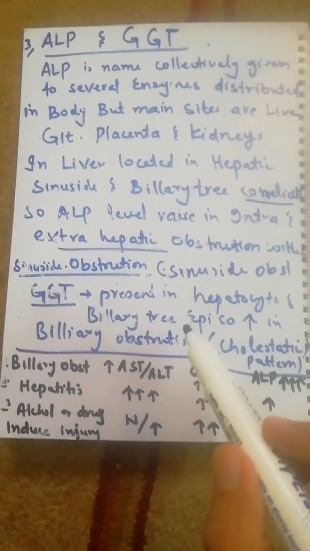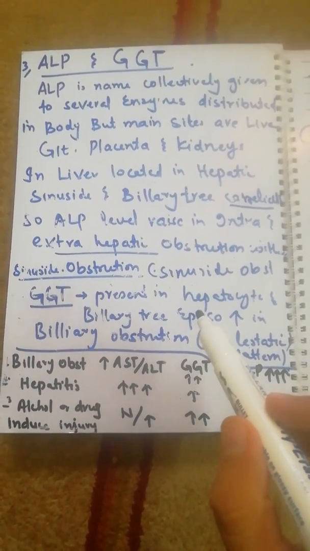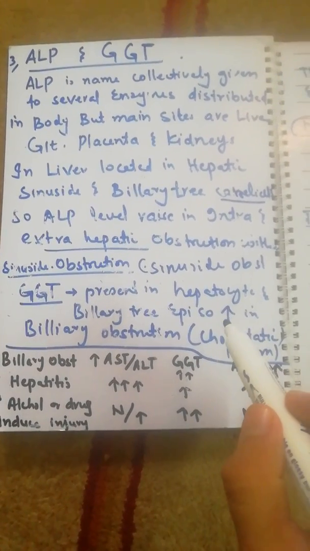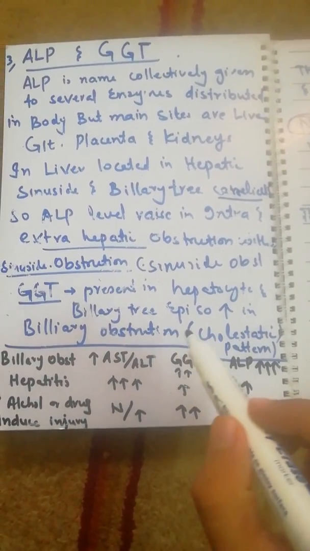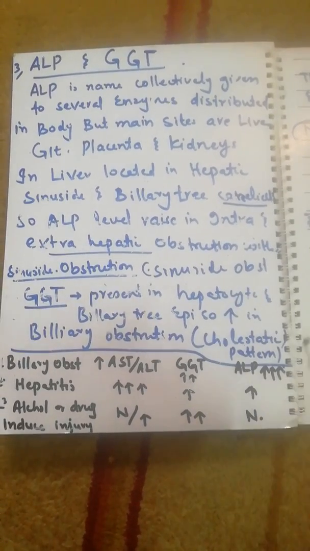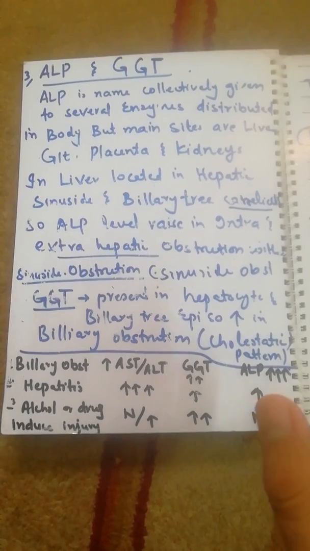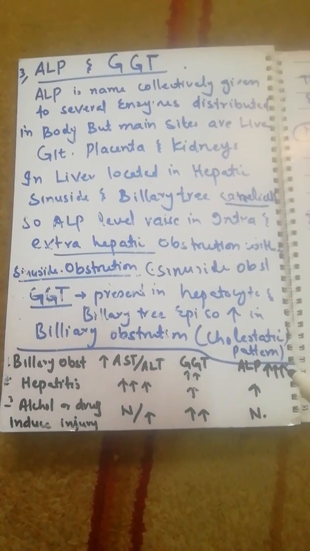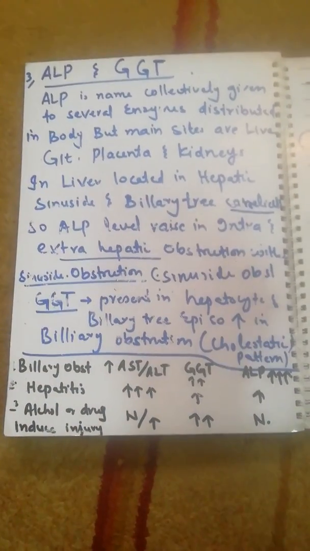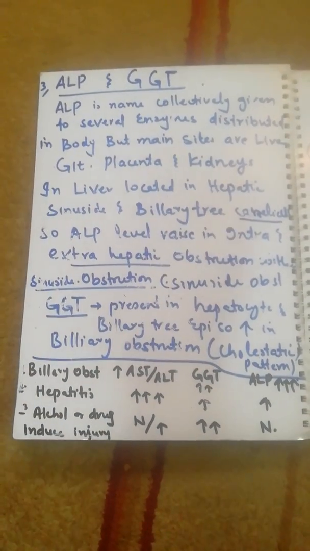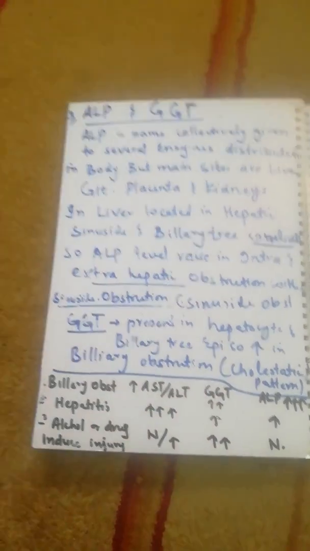Now GGT, gamma glutamyl transferase, is present in hepatocytes and biliary tree epithelium, so it increases in biliary tree obstruction. This pattern in which ALP and GGT increase, we call the cholestatic pattern, because these denote disease of the biliary tree more than disease of the liver.